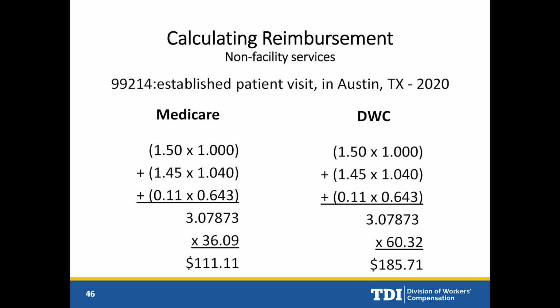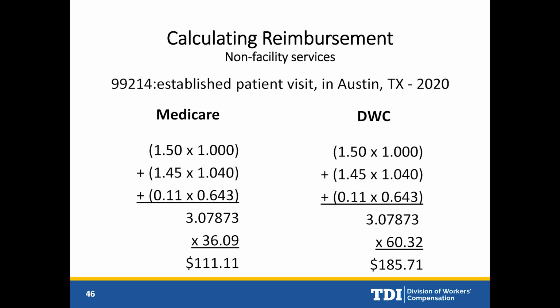So you can see that Medicare's methodology is the work expense, which is 1.50 times its GPCI, the practice expense, which is 1.45 times the GPCI, and then the malpractice expense, which is 0.11 multiplied by its GPCI. And again, that GPCI represents where that service was provided. So the RVUs represent the service itself, and the GPCIs represent where that service is provided.